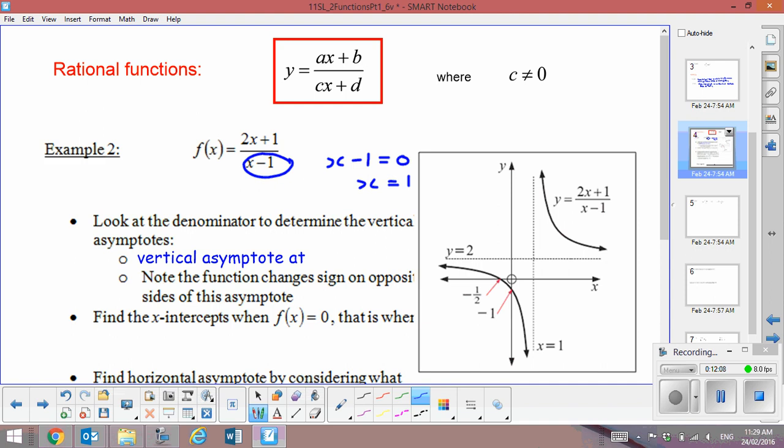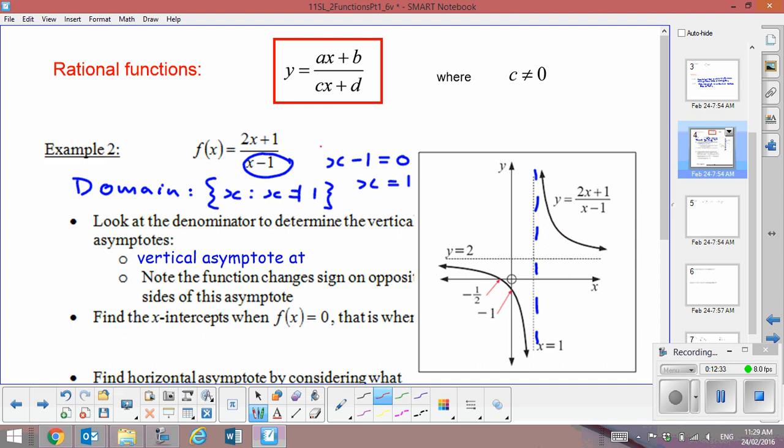That's going to be the equation of our vertical asymptote. You always write the equation as x equal to 1, but our domain for this is written as x such that x does not equal 1.